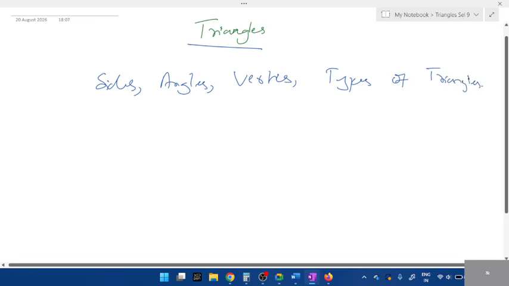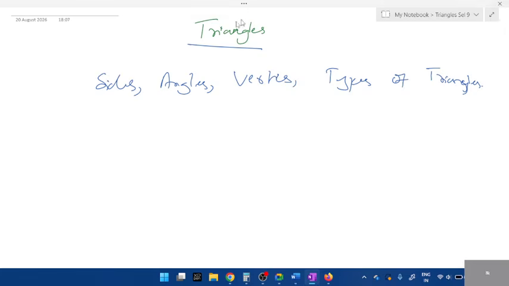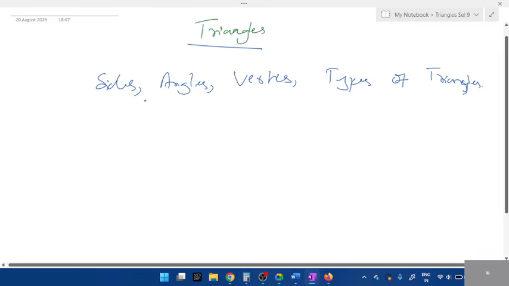This is how you'll have to study, and this is how the teachers have to teach. Each and everything you have to cover. You shouldn't start directly with congruency. Okay, sides, angles, vertices, types of triangle. In types of triangle, scalene first, isosceles, then equilateral, and isosceles right angle.